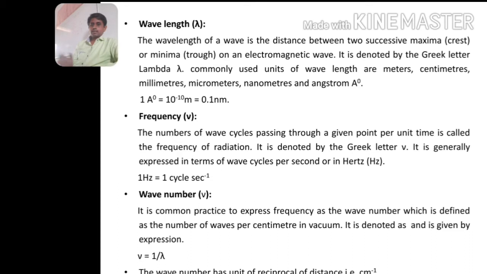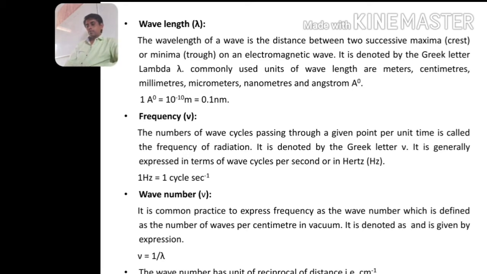As you have seen in the figure of the electromagnetic wave, one is the magnetic component and one is the electric component. There is a maxima and minima. The distance between successive maxima, that is the crest, or minima, that is the trough, is called the wavelength, and wavelength is denoted by the Greek letter lambda.